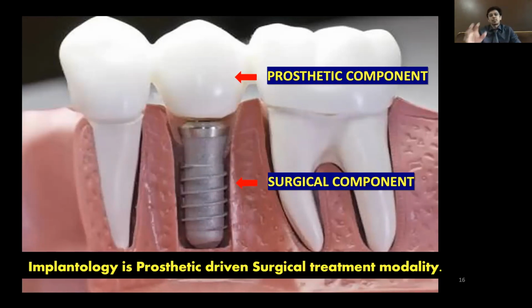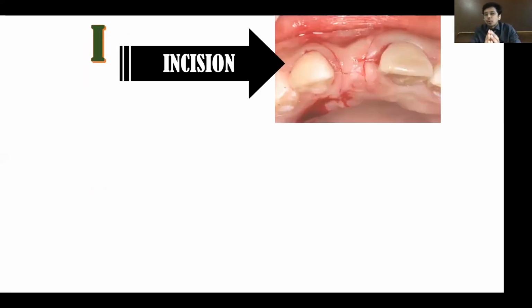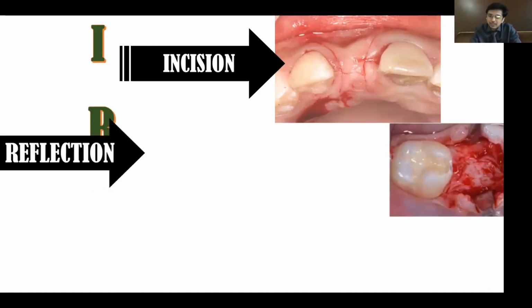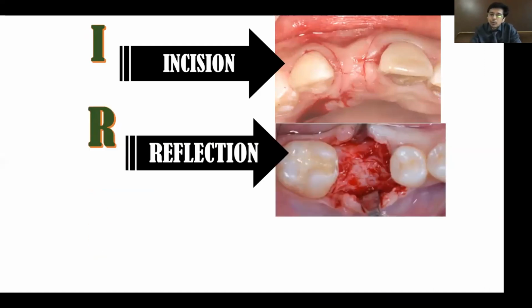So this is the first point which I would like to emphasize in this webinar. Implant is surgery first, prosthetics later on. And unless and until with regard to surgery, you are comfortable with three components, IRS, you won't be a good implant surgeon or a good dentist, in which I stands for a proper incision, R stands for proper reflection, and finally S stands for proper suturing.